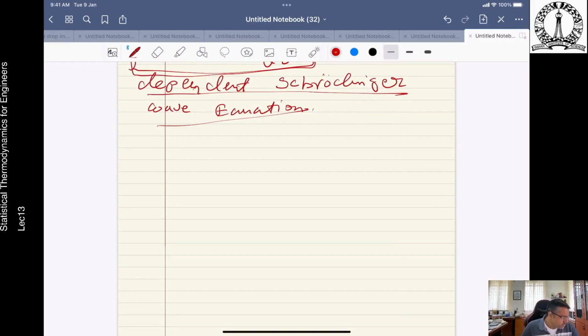Now, this wave equation was plagued by difficulties.